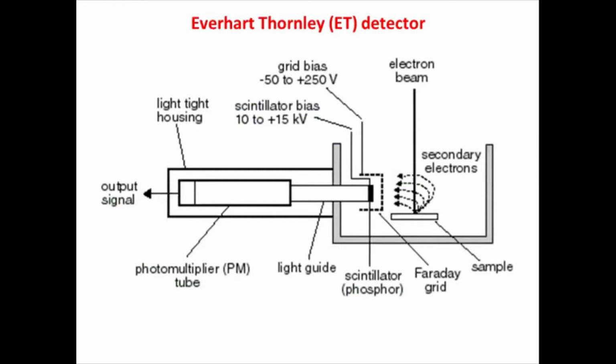The secondary electrons are attracted to the scintillator by providing a bias to the grid, and when these electrons are received at the scintillator, it will emit a pulse of light. So this pulse of light is transported using an optical fiber, and this is taken onto the PMT, that is the photocathode of the PMT.